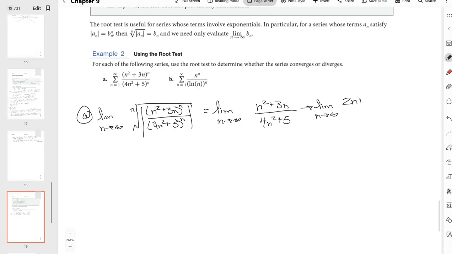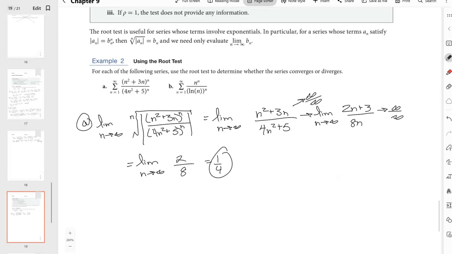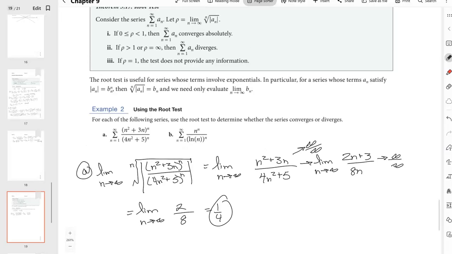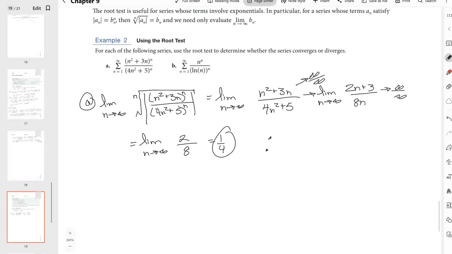So this would be 2n plus 3 over 8n. And then again, that's infinity over infinity. So we're going to take the limit as n goes to infinity of 2 over 8, which is 1/4. And since 1/4 is a number between 0 and 1, we would say this thing converges absolutely.